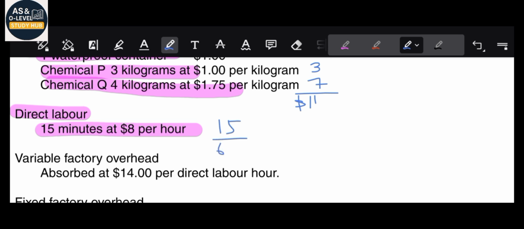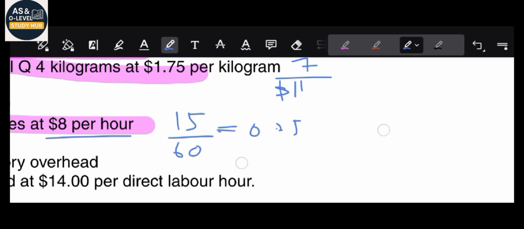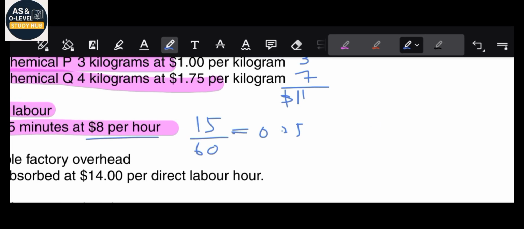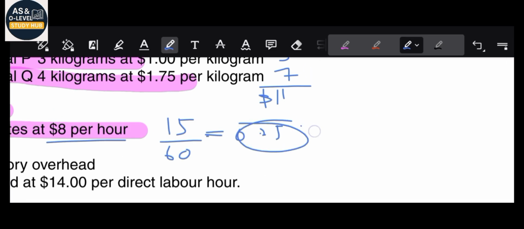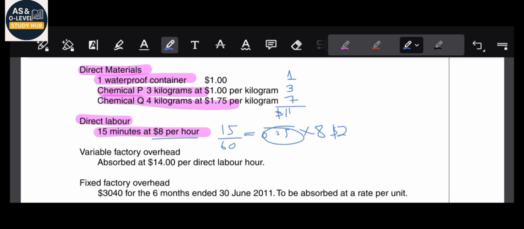So 15 upon 60, 15 divided by 60, is 0.25 hours. Then $8 is for 1 hour, so we will multiply the 0.25 hours with 8. The answer is 2. So $2 is the direct labor cost per unit.